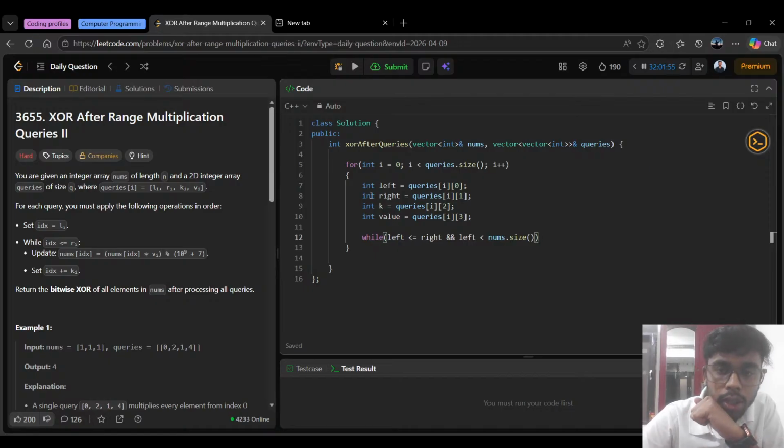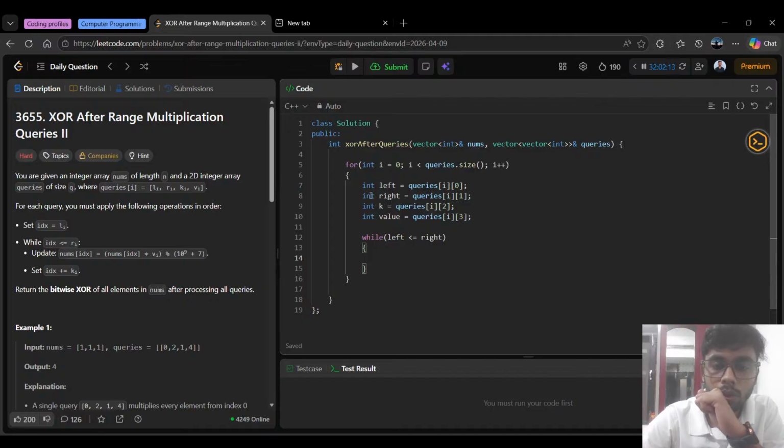Or do I need to check it with the nums size, because right will always be less than n? I think we need to check this condition.